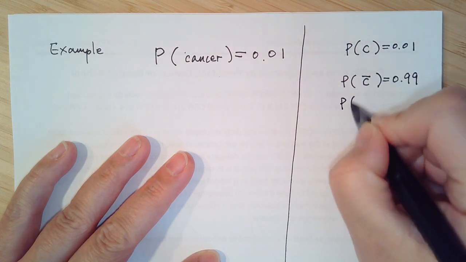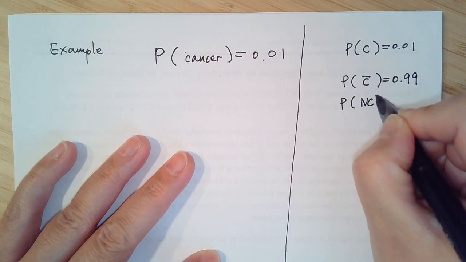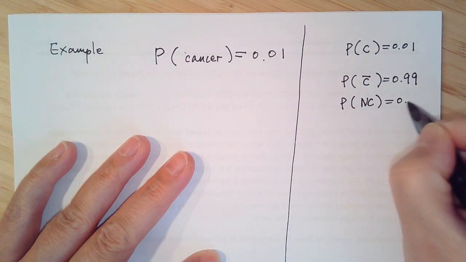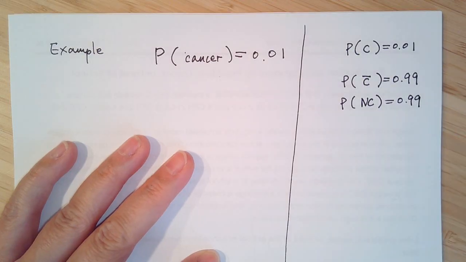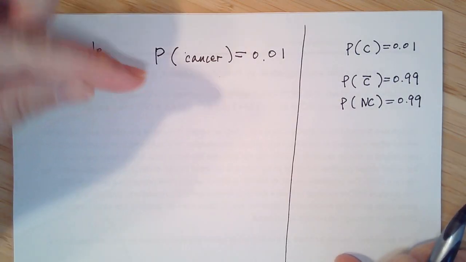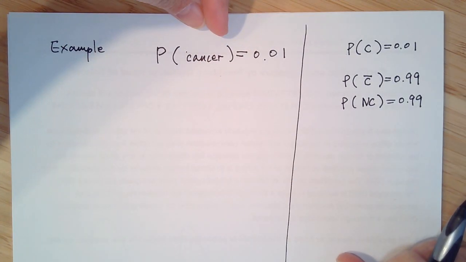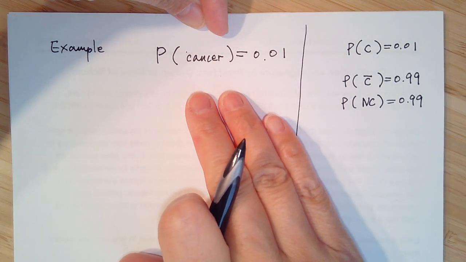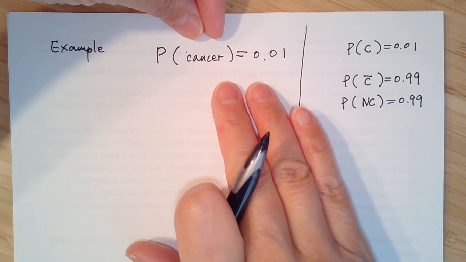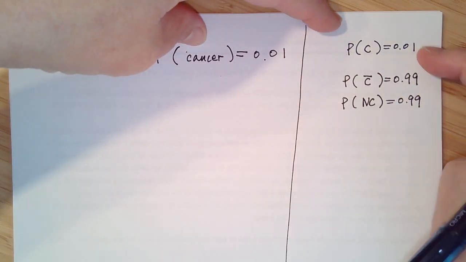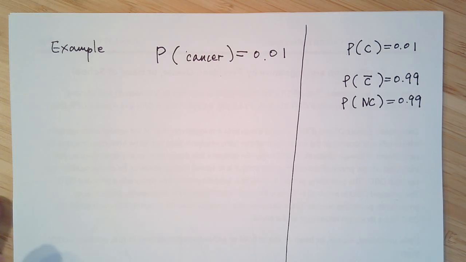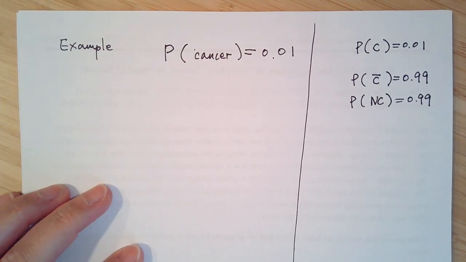The other way to write that is NC, no cancer. It doesn't matter which way you like. Every time you are given information and translate it from English to math notation, keep writing whatever you know on the right, so you don't have to go back and read it again and again.